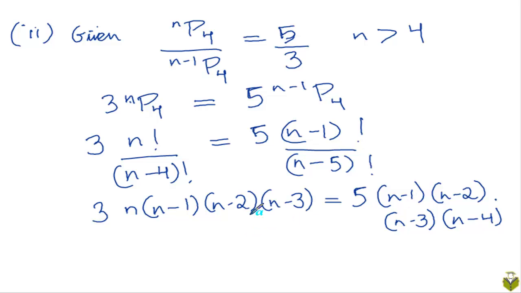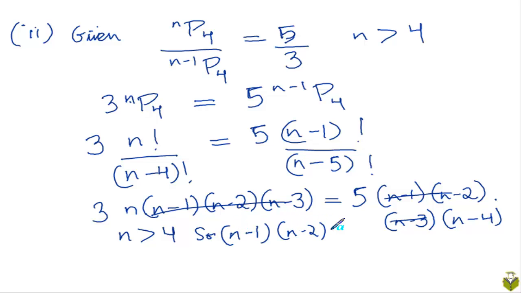So yet again you can see that n minus 1, n minus 2 and n minus 3 are common to both sides, and you can divide by them, because again n is greater than 4, so (n minus 1) into (n minus 2) into (n minus 3) cannot be 0.